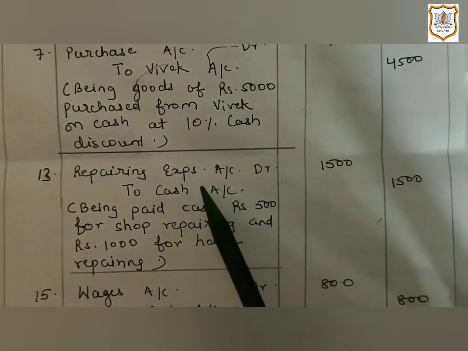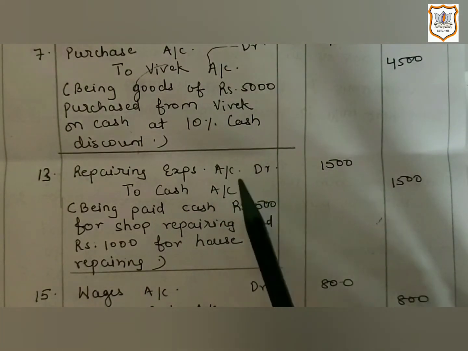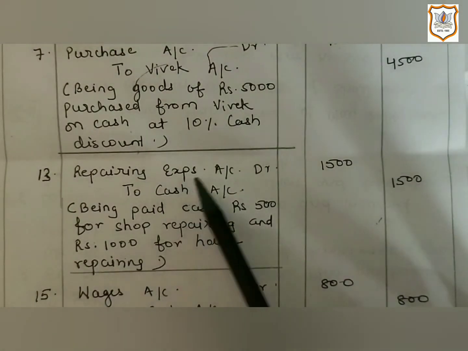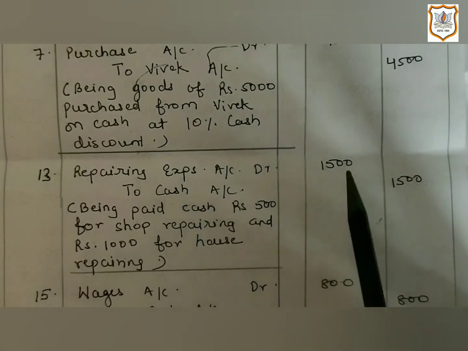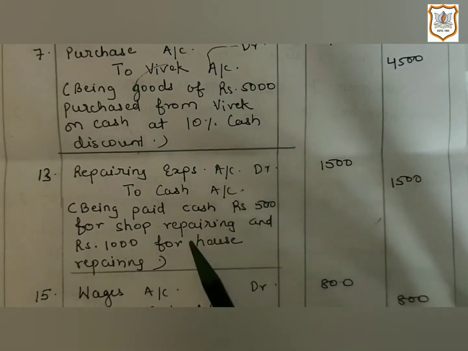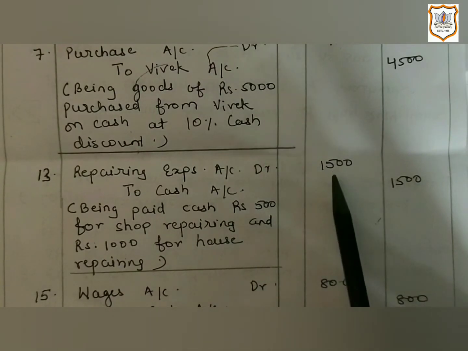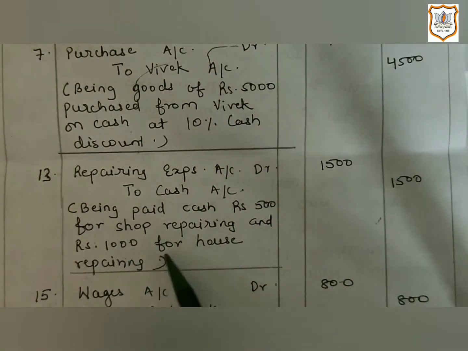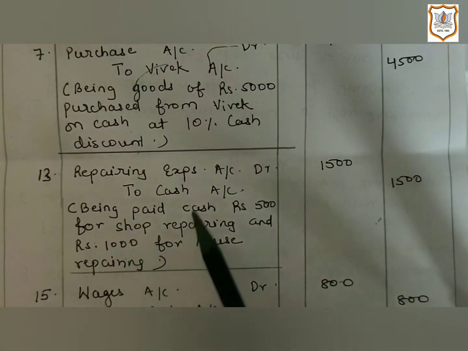Here repairing expense will definitely be debited as it is an expense of business. But here the amount is written wrong. Here in repairing expense, house repairing expense is also added, which should not have been done. Here by mistake, house repairing expense is also considered as a business expense.